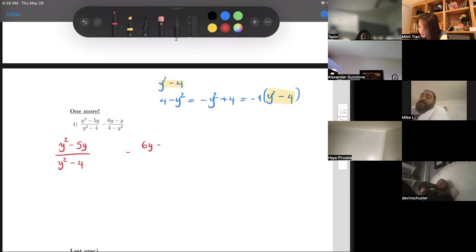It's supposed to be 6 minus y. Okay, that's 6 minus y. Over, instead of 4 minus y squared, I'm going to write it as negative 1 times y squared minus 4, right?